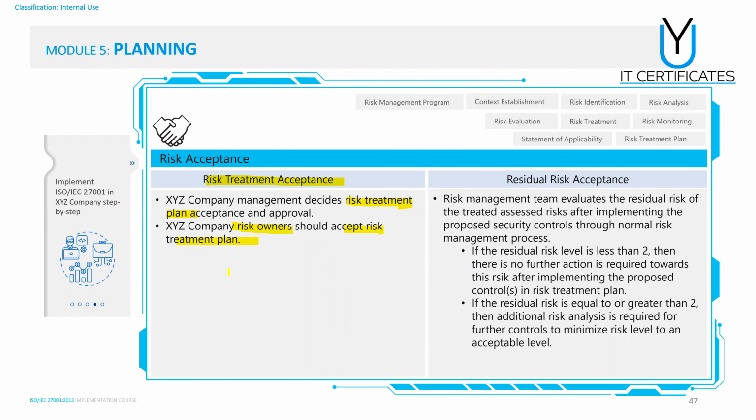Management has to approve it because they have to provide the necessary resources for implementing the controls, and the risk owners have to approve it to show that they accept the mitigation and the control, and they accept the residual risk.